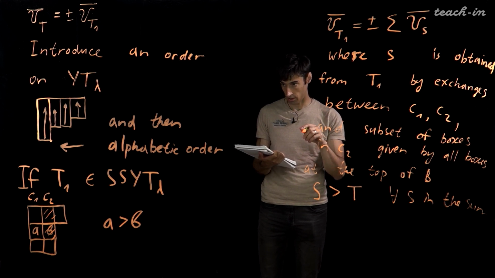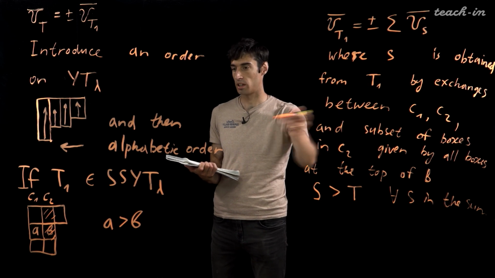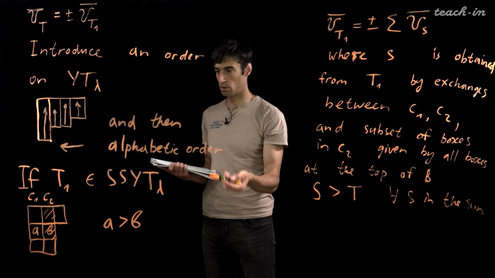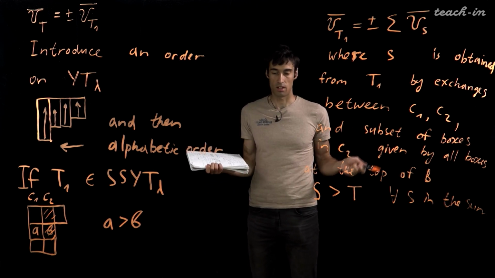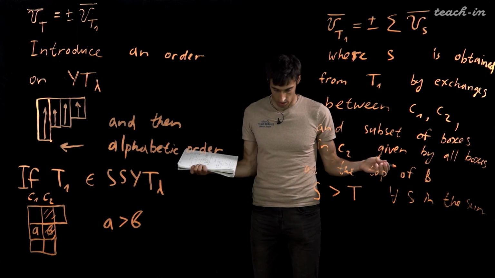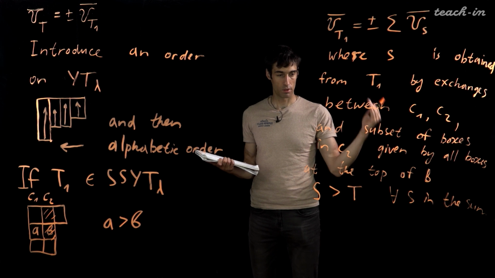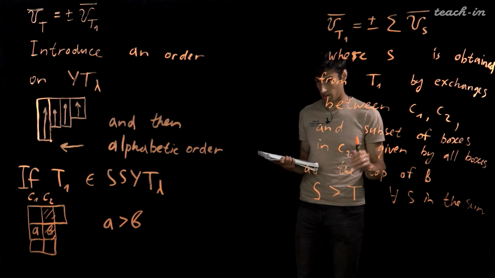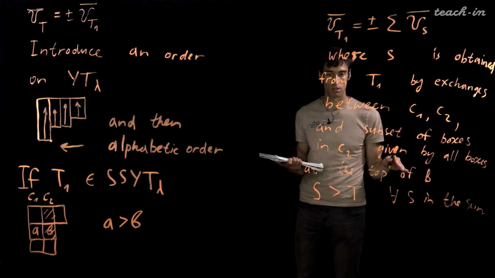If it happens that in our sum we again find something which is not a semi-standard Young tableau, we do this operation again and again. But since there is only a finite number of tableaux, at some point this process will stop, and we'll have only semi-standard Young tableaux left.